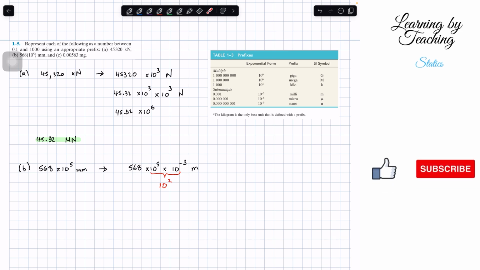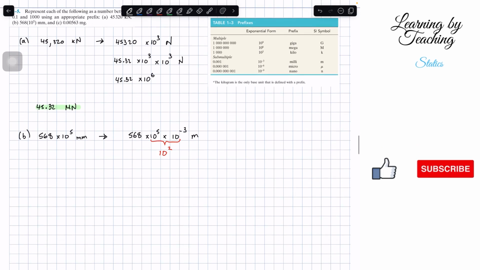Now in the table, it's usually 3, 6, and 9, either positives or negatives, and that's how we do it. So what I'm going to do is move the decimal point in order to make this times 10 to the positive 3. We're going to add 1 decimal place more, so we end up with 56.8 times 10 to the positive 3 meters.